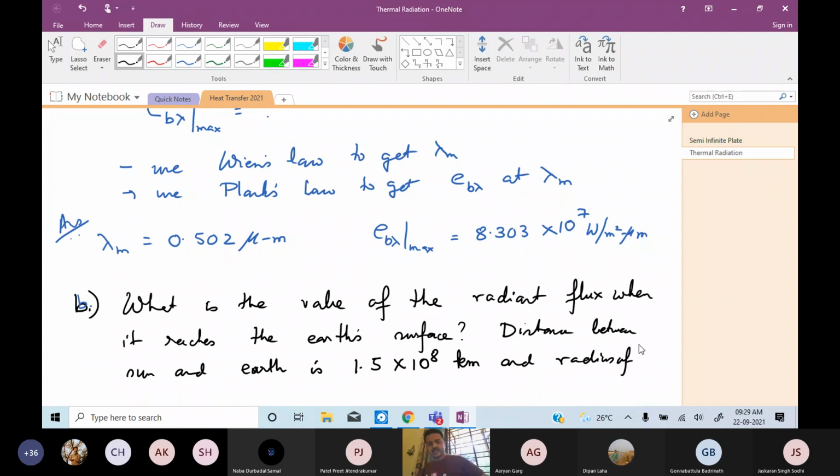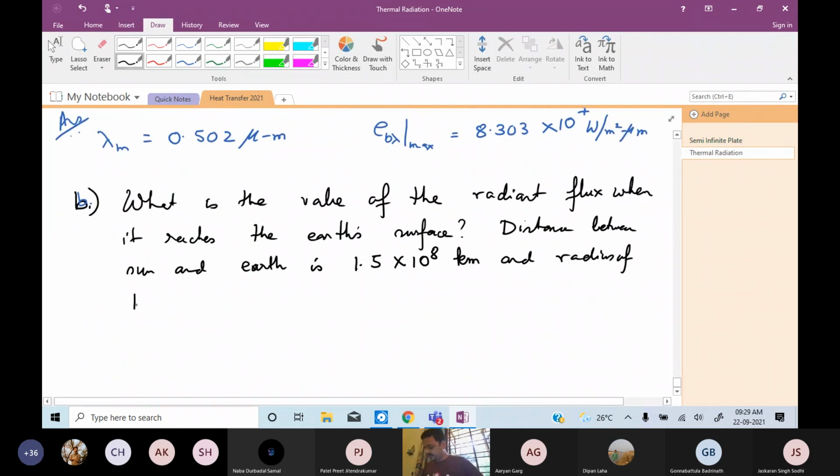And radius of the Sun is 6.95 into 10 to the power 5 kilometers. Okay, 3 orders of magnitude lower.